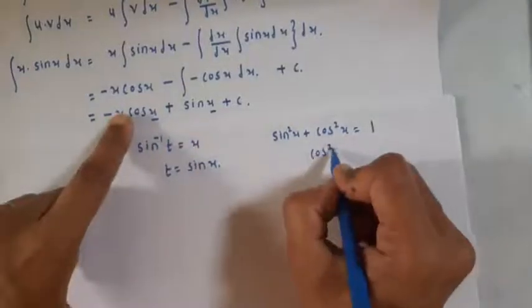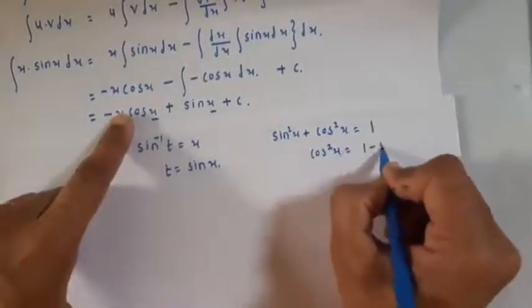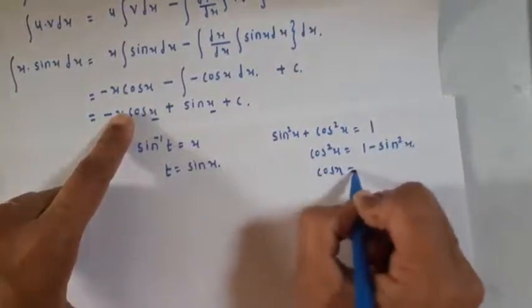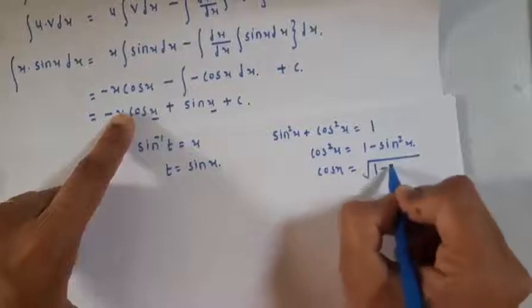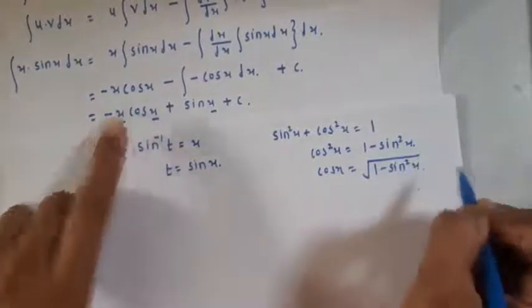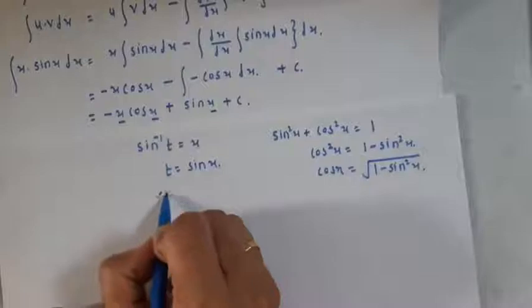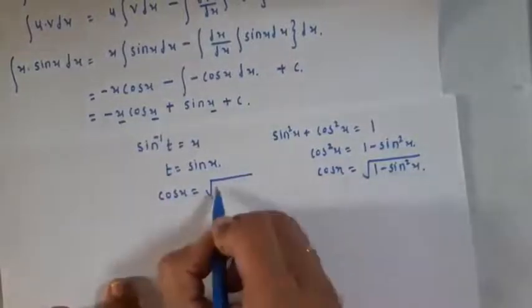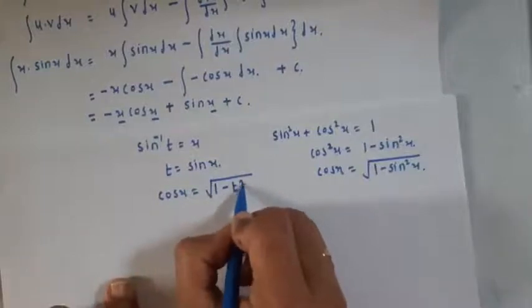So cos square x equals 1 minus sin square x, and therefore cos x equals the square root of 1 minus sin square x. The value of cos x is the square root of 1 minus sin square x, that is, 1 minus t square.